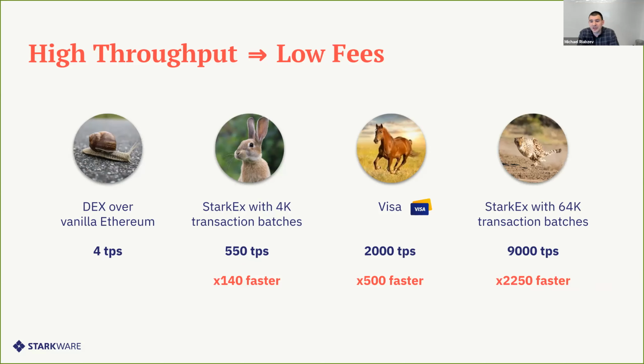If we do batches of 64,000, we get to a rate of 9,000 transactions per second, which is more than 4 times higher than what Visa handles, which means it is more than enough. And it is not a hypothetical example. We were already able to generate such proofs here in StarkWare.